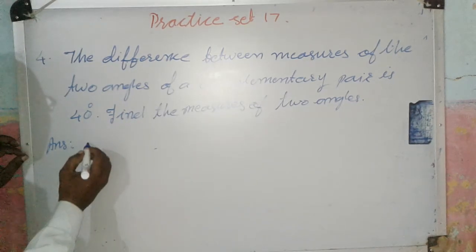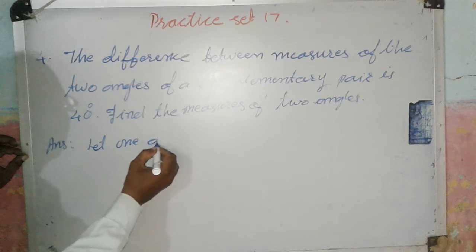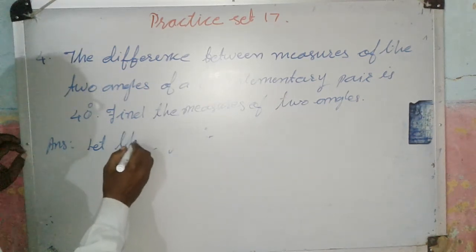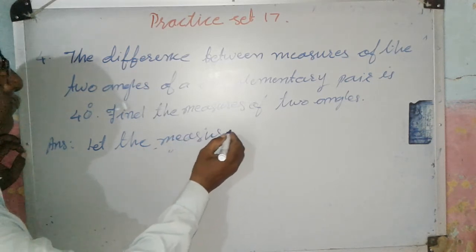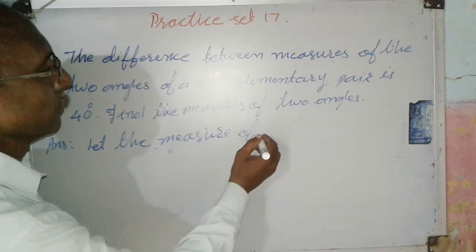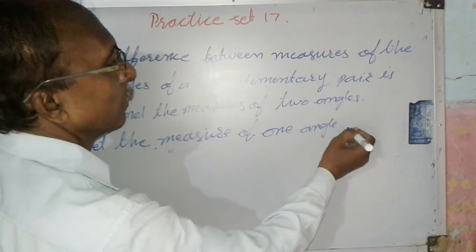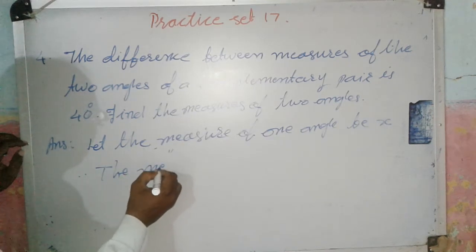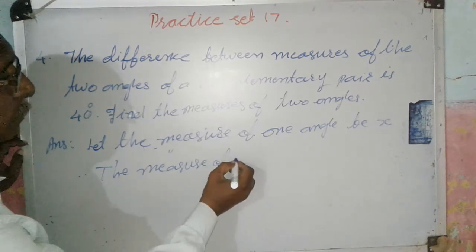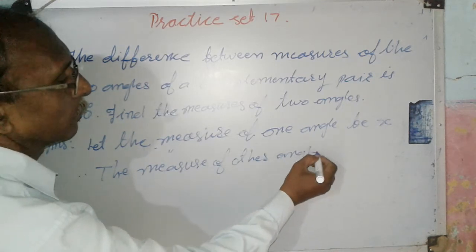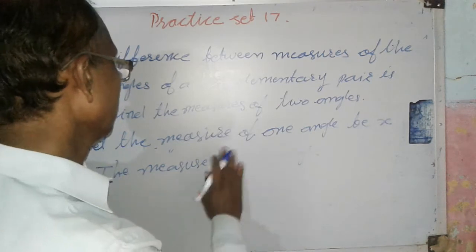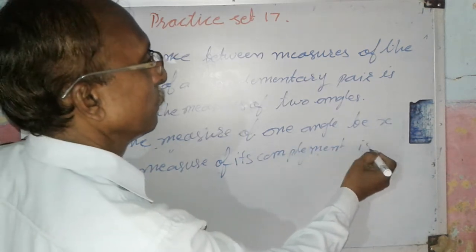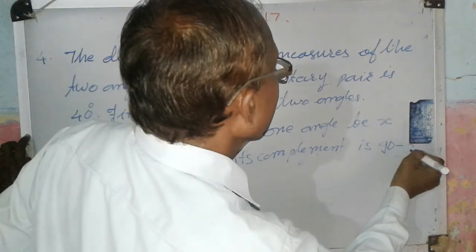Now here, let the measure of one angle be x. Therefore, the measure of its complementary angle is 90 minus x.